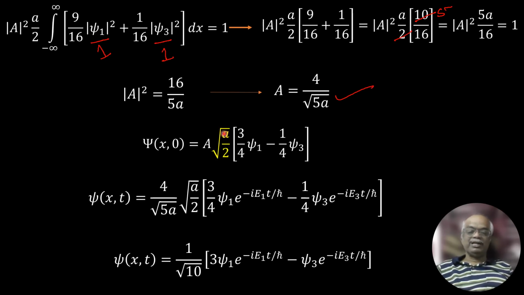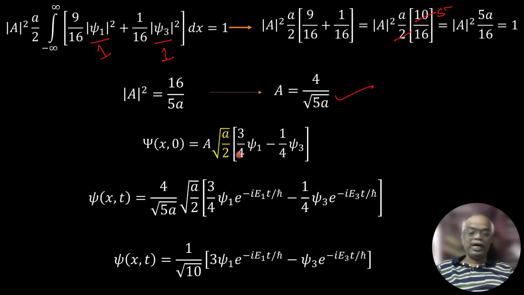Now next our aim is, we have to find the time dependent wave function. So we know that initial wave function psi of x 0 is equal to a multiplied by square root of small a over 2, 3 by 4 psi 1 and 1 by 4 psi 3.